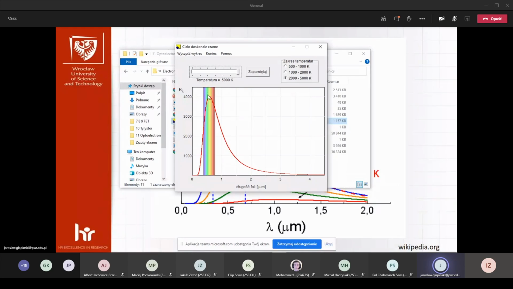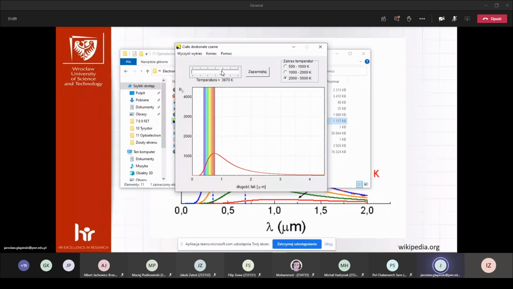Okay, and if we have a bulb of, let's say, 3,000 Kelvin, you get something which is more towards red, more towards yellow. So it's more like a sunset.